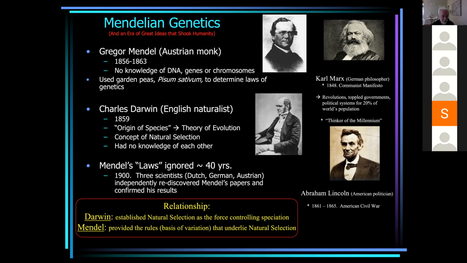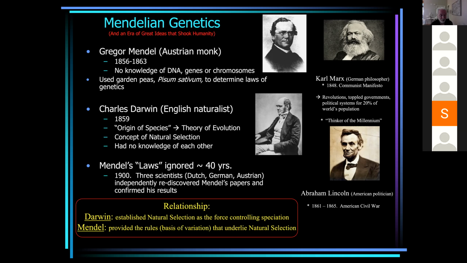Now, Charles Darwin was an English naturalist living at about the same time, but the two of them, as far as we know, did not have any knowledge of each other. Darwin published his Origin of Species, which introduced the theory of evolution, in 1859, and coupled to that is this concept of natural selection, which we've talked about numbers of times in terms of meiosis.